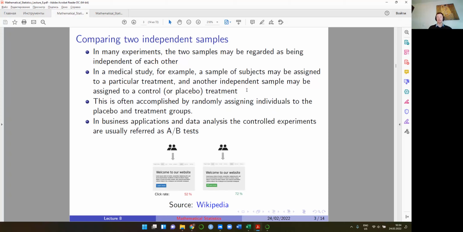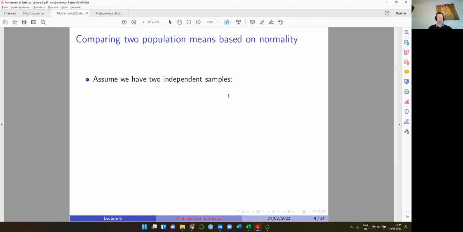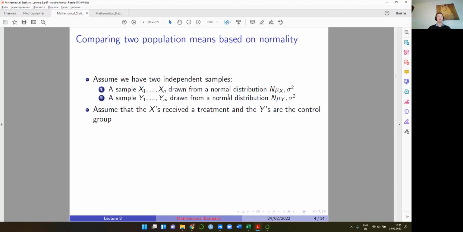Or X's are those who received some drug or vaccine, and Y's are the observations of those people in the placebo control group. Or back to our Friday example, X's are the salaries of people who received the master's degree by random assignment, and Y's are the salaries of people who stayed with the bachelor's degree.